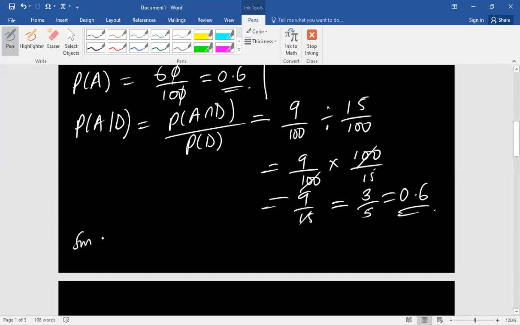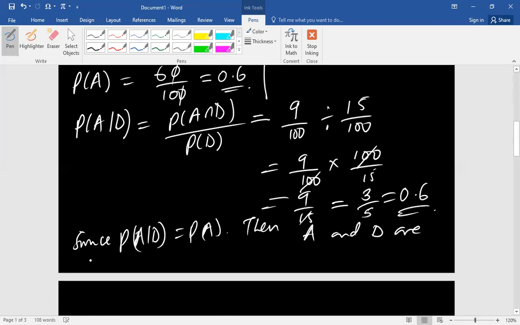Since the probability of A given D is the same as the probability of A, then A and D are independent events. You end there. So that's how it's done.